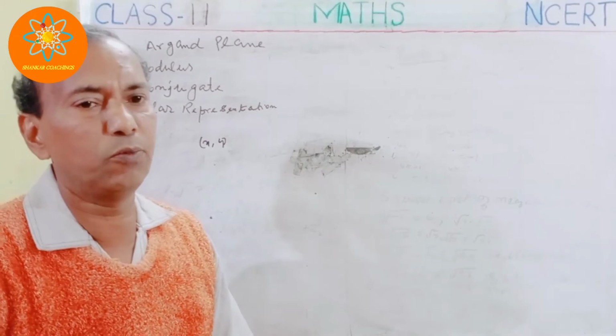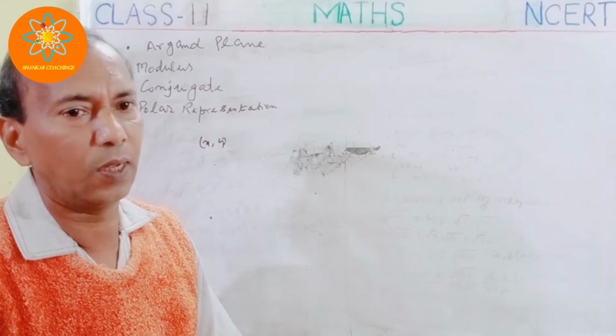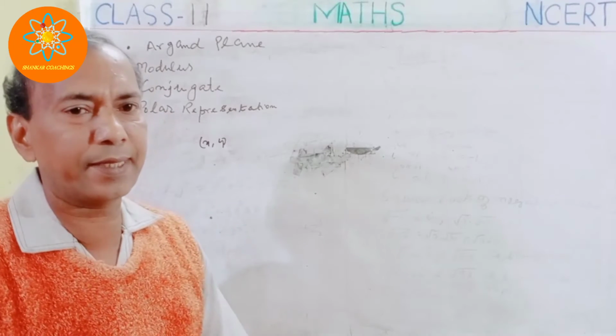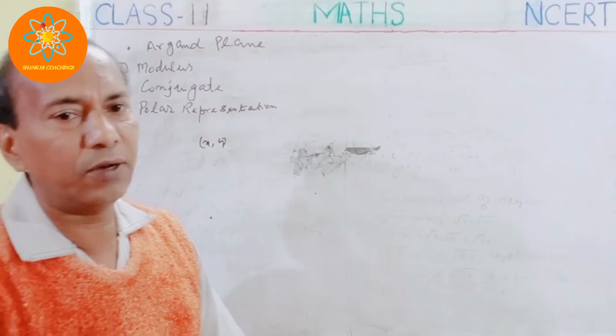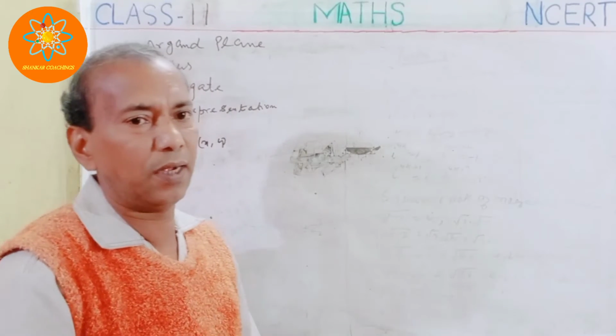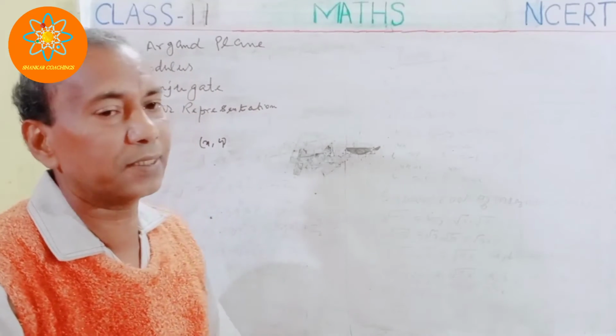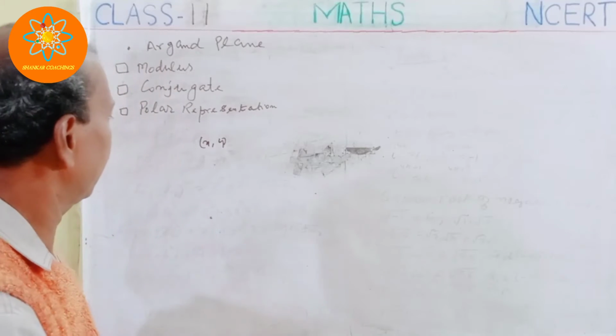Suppose we have mutually perpendicular lines, and these lines are known as the x-axis and y-axis. In the Argand plane they are called the real axis and the imaginary axis.